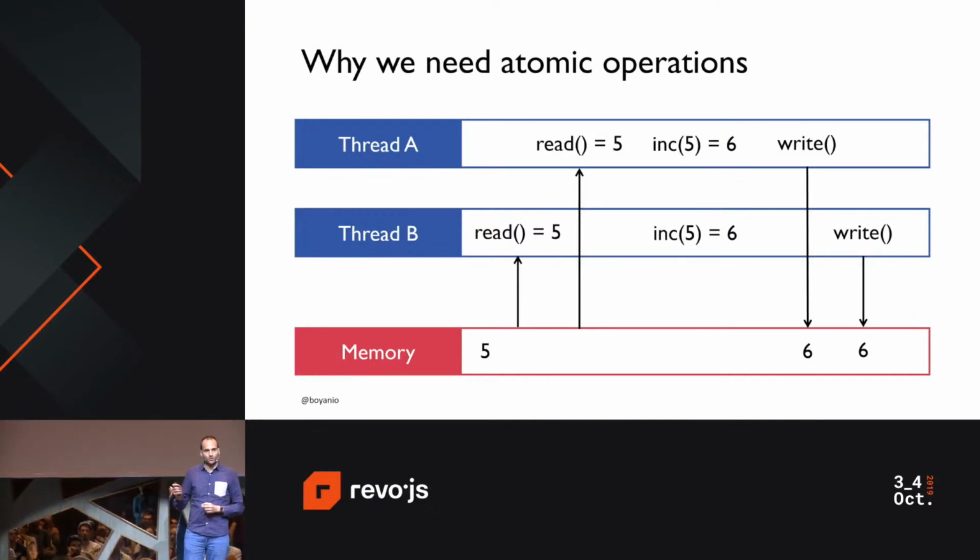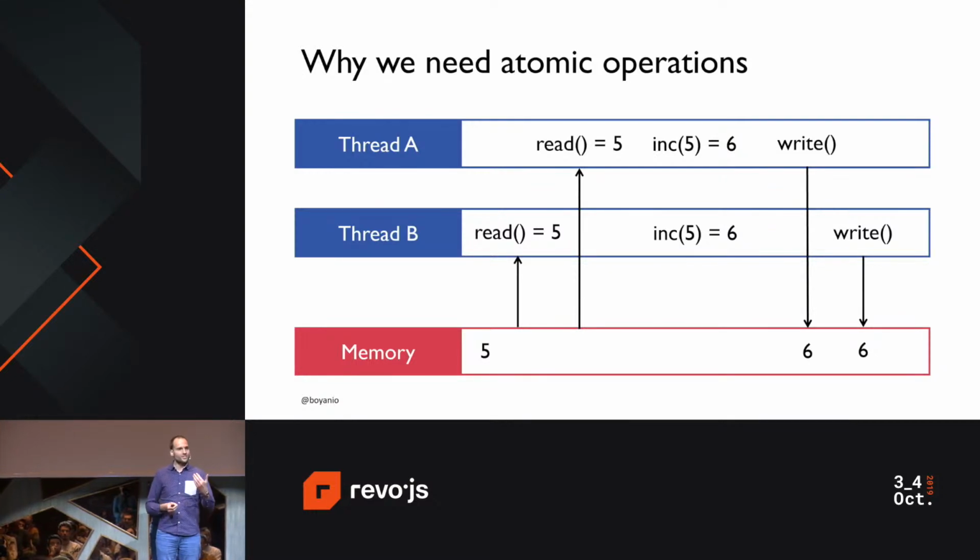So what can happen is that two threads read the same value and then update the same value again, instead of incrementing it two times in a row. To prevent this, we need some synchronization mechanism. We need locking on this value until it's updated. And this is the idea of atomic operations.